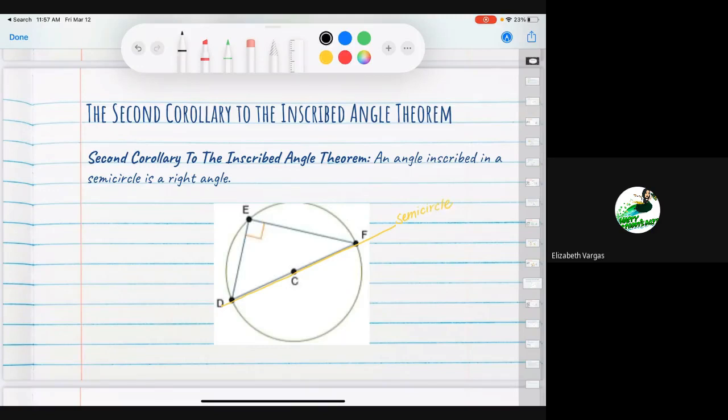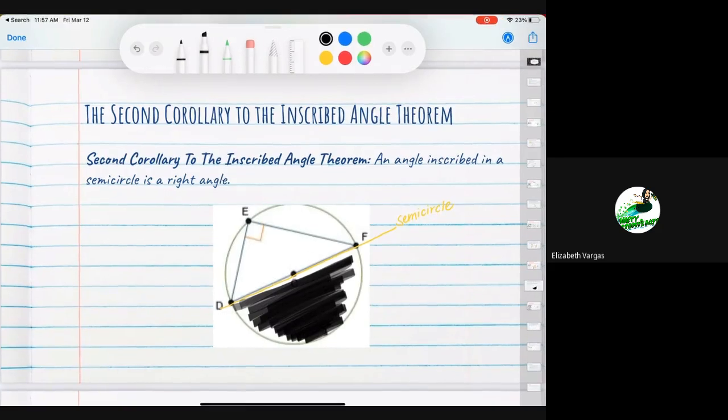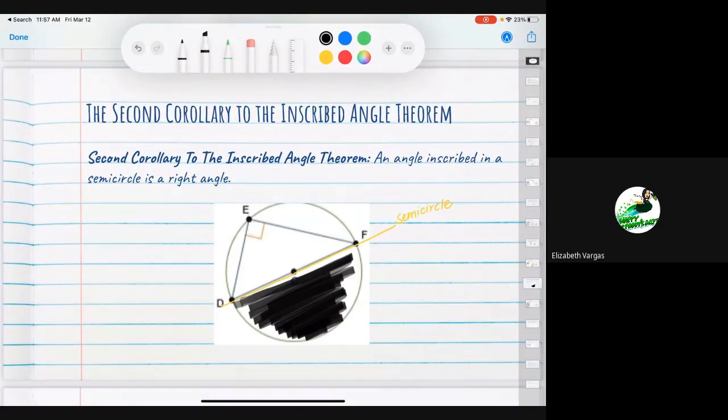And what I could actually do is block out this part so you can see. We're looking at the top part of our circle, not this black part. Okay. So we have an angle inscribed in that semicircle. How do we know we have an angle inscribed? Because we have a vertex, which is on the circle. And we have sides, which are created by chords.